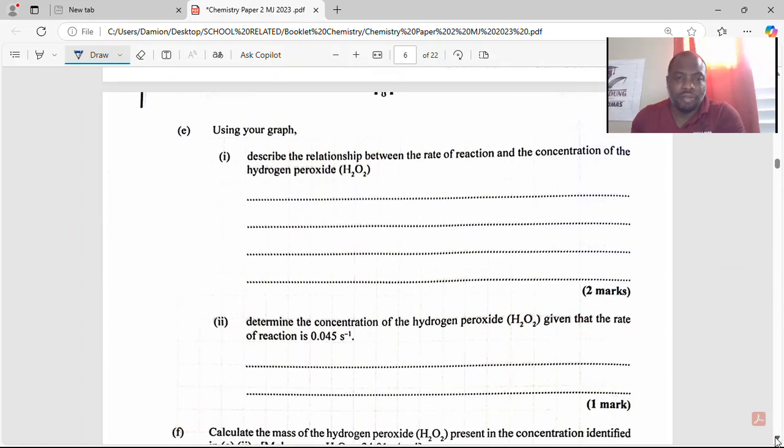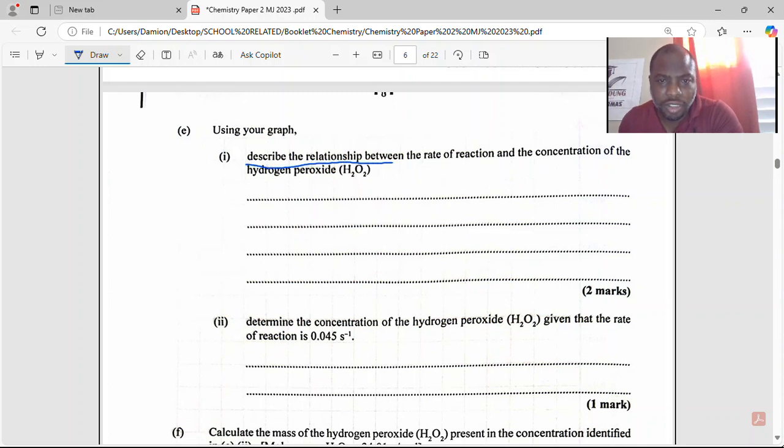So this is key. What did we say in terms of the... Sir, is it directly proportional?